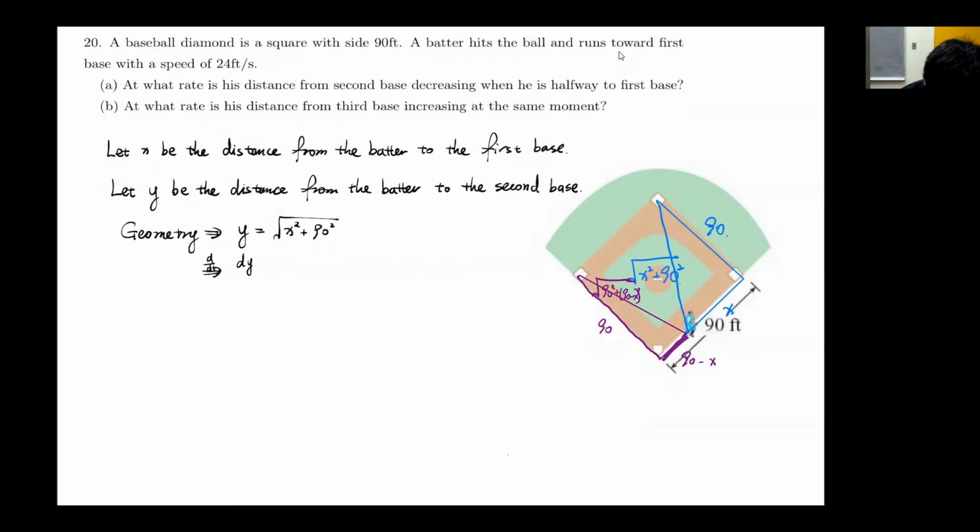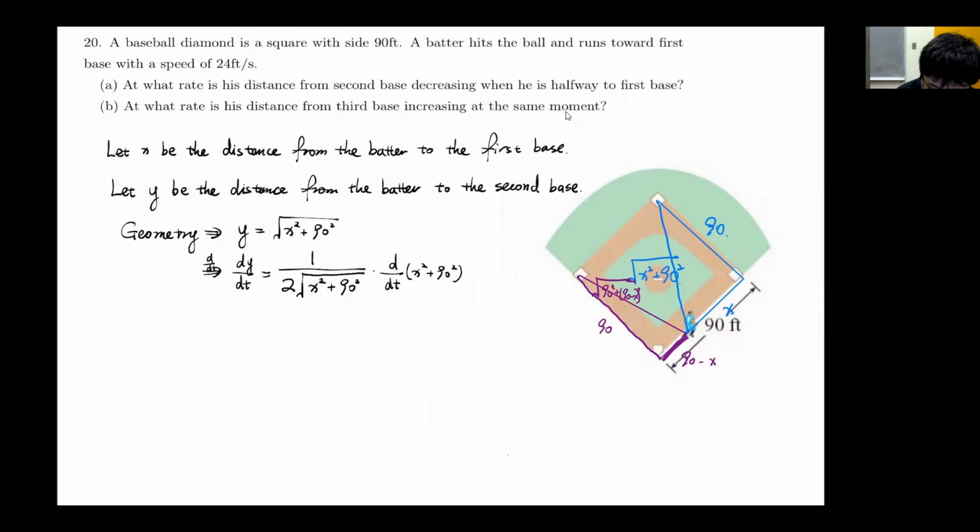The left-hand side is precisely dy over dt. For the right-hand side, you need to use the chain rule multiple times. The first top layer, we view the outer function to be the square root function. So the derivative of the square root function is simply 1 over 2 times the square root. And then we need to evaluate this at the inner function, then times the derivative of the inner function.